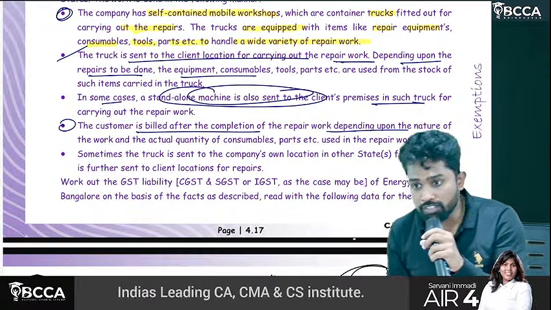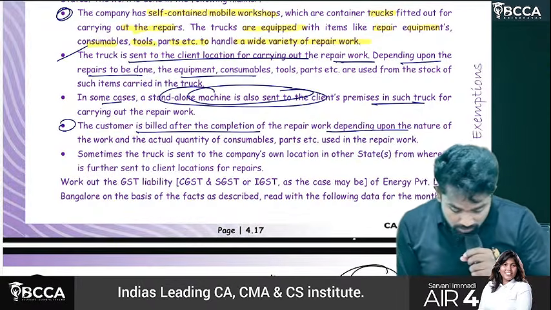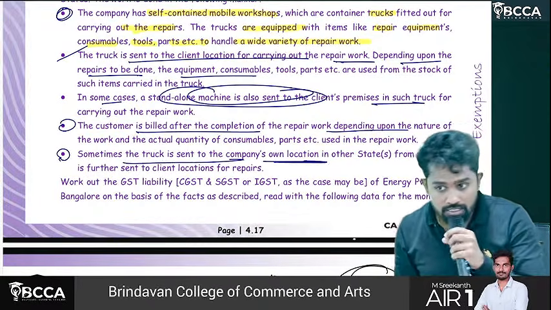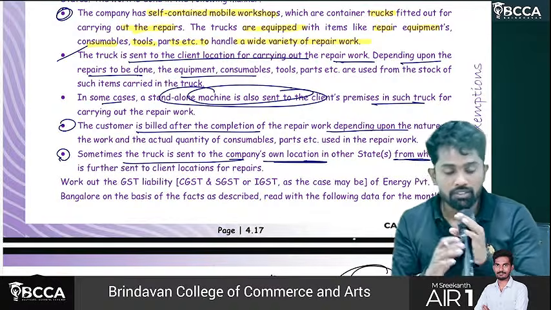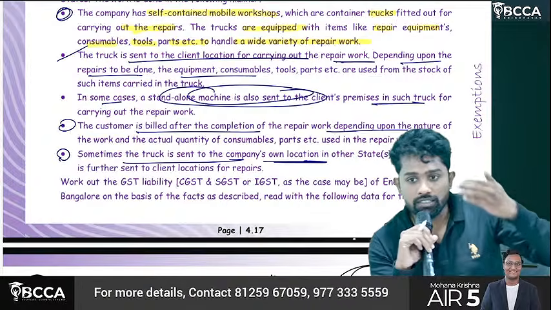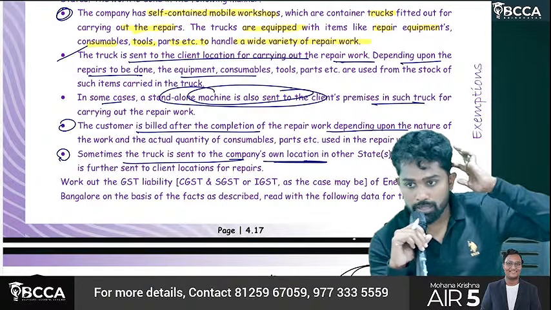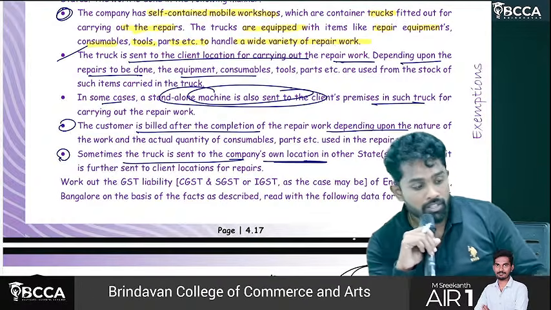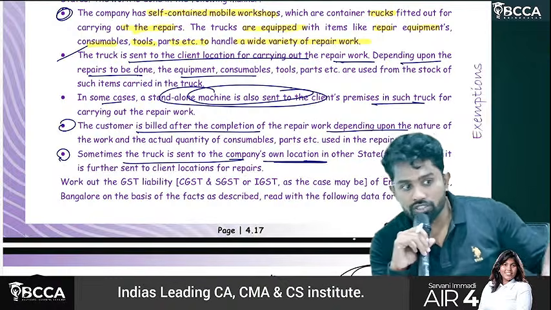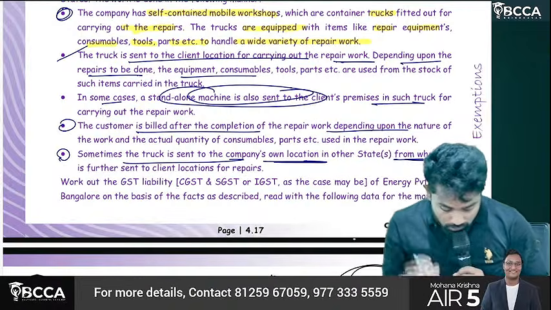Then sometimes the truck will be sent to the company's own locations in other states. Let's say they are in Bangalore, they may send the truck to Hyderabad, where they have a branch. Again from Hyderabad they will send it to the clients' locations to carry out the work. So this is the background.